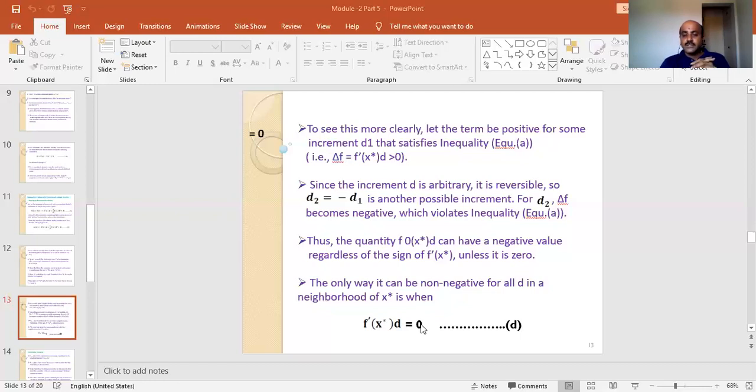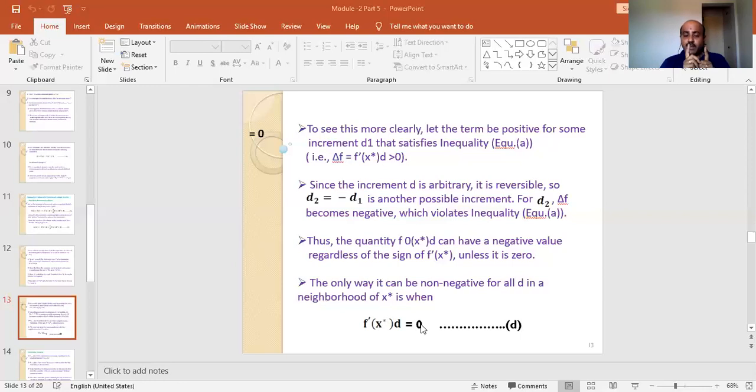See, the quantity f dash x star into d can have a negative value regardless of f dash x star. f dash x star can be positive or negative. So if d is positive or negative, depending upon that, the value will become positive or negative, or it can satisfy the inequality or not.